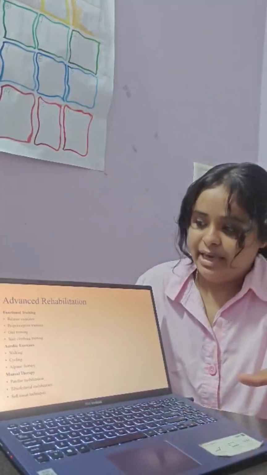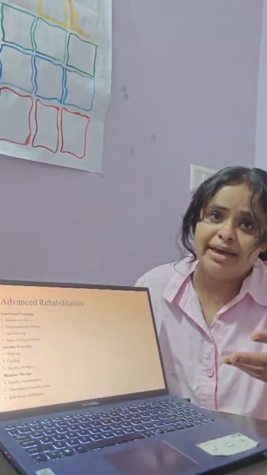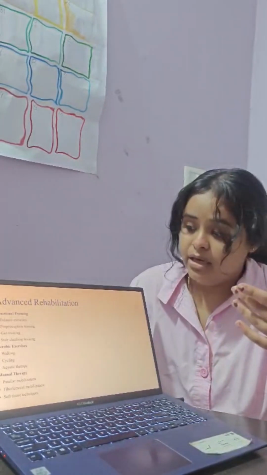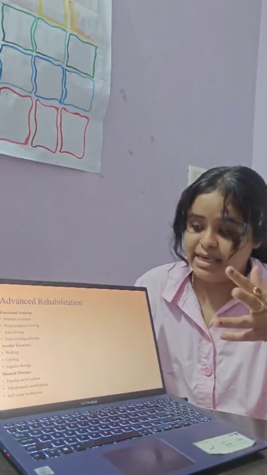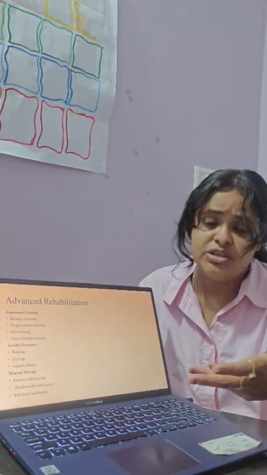In advanced rehab, you teach the patient functional training like balance training, gait training, proprioception training, aerobic exercise, walking, cycling, and aquatic exercise. In manual therapy, you can apply mobilization like patellar mobilization and tibiofemoral mobilization.